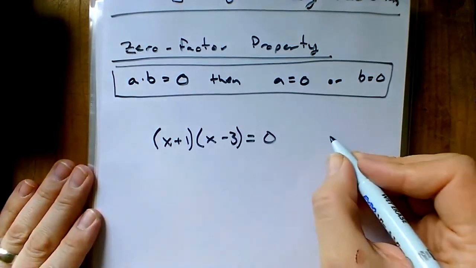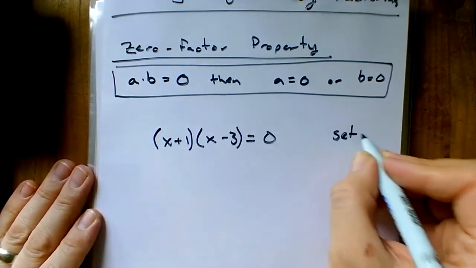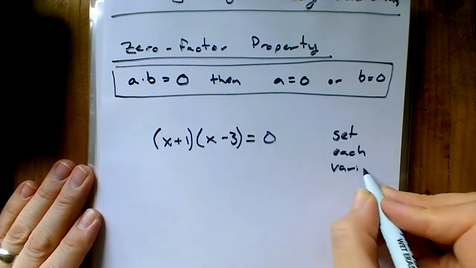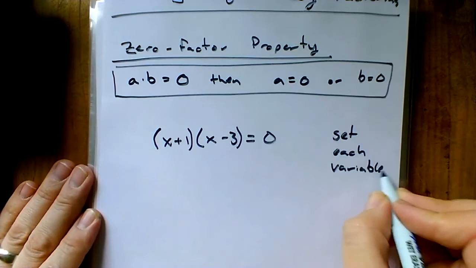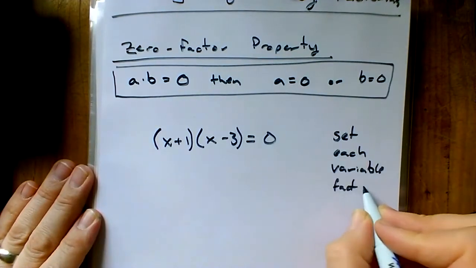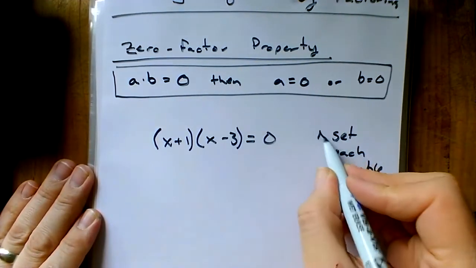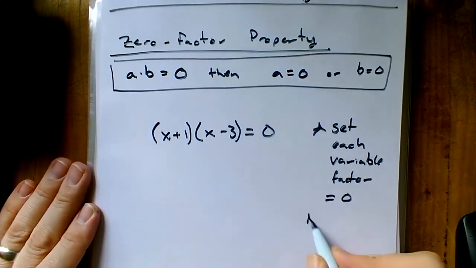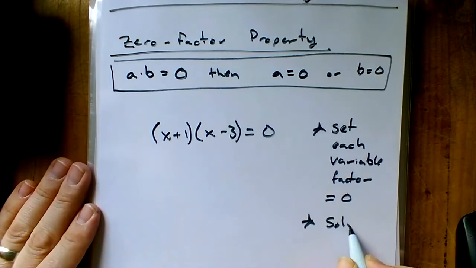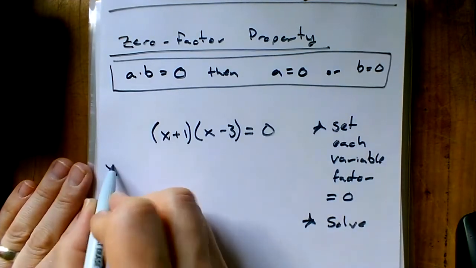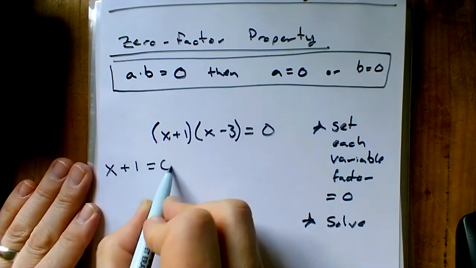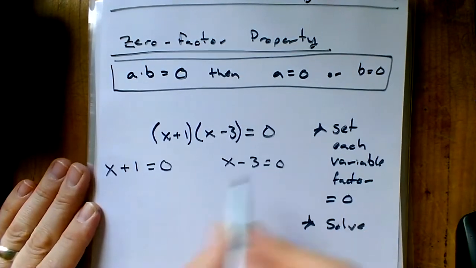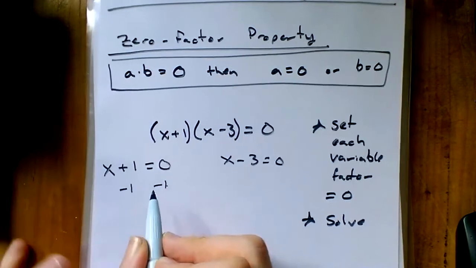So what we're going to do is we're going to set each variable factor equal to 0 and then solve. So that means that I could have x plus 1 equal to 0 or x minus 3 equal to 0. And then we're going to go ahead and just solve each of these.